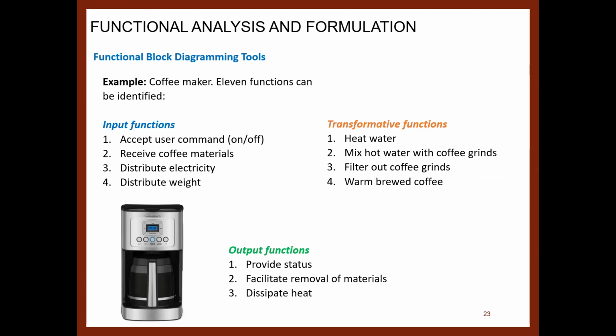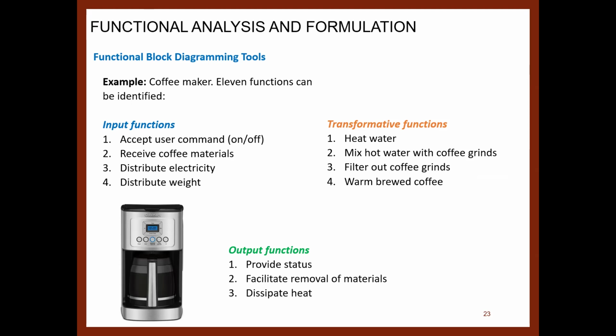So let's look at a very simple system, which is a coffee maker. Here we have identified some of the functions, and I have separated them into three groups: the input functions, the transformative functions, and the output functions.